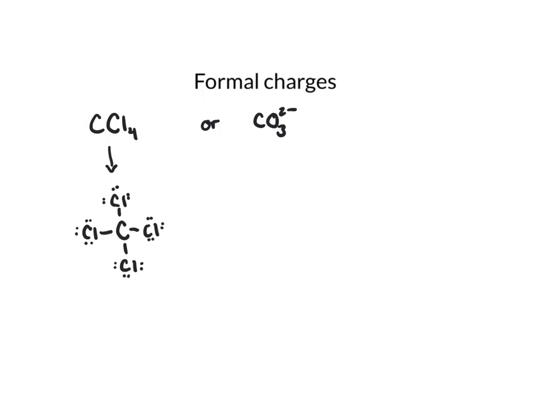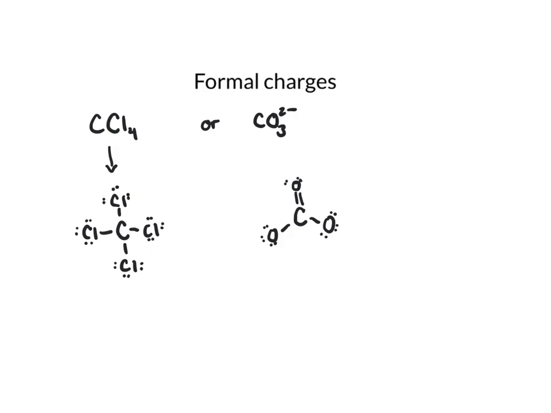If we draw the Lewis structure for carbonate, we end up with a Lewis structure that looks like this, where we have 1 double bonded oxygen and 2 single bonded oxygens. Now, the electrons have been distributed among all the different atoms.